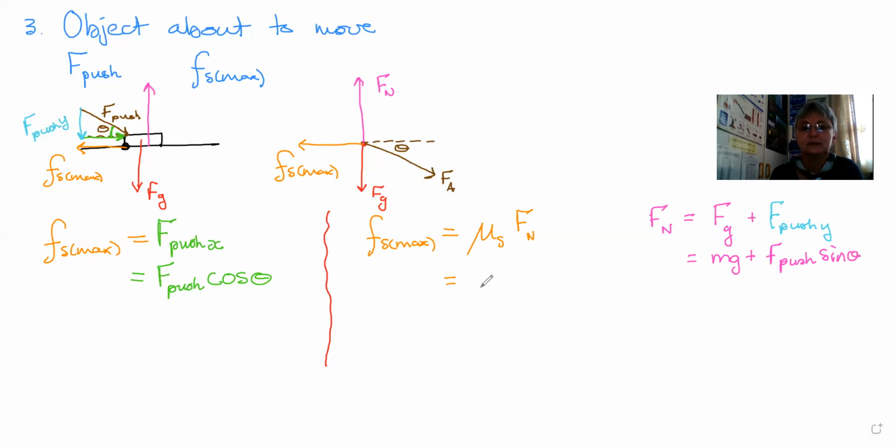So we've got Fs max is equal to mu s times mg for the weight and F push sine theta.